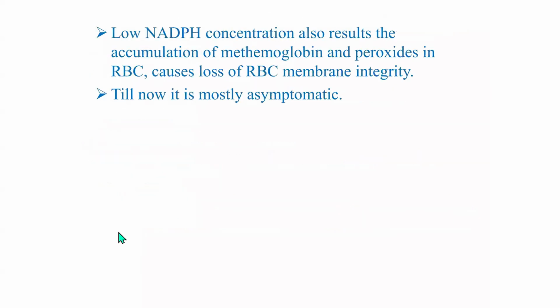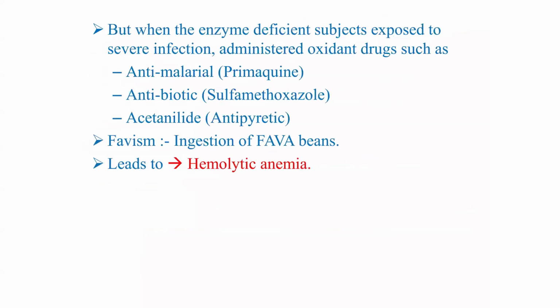Ladies and gentlemen, low NADPH concentration also results in accumulation of methemoglobin and peroxide in the red blood cells, which causes a loss of red blood cell membrane integrity. Till now, it is mostly asymptomatic.